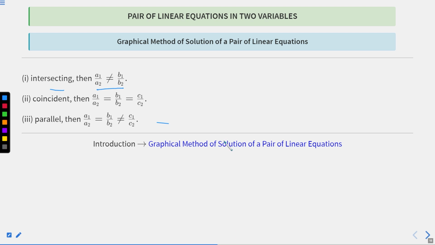If the pair of lines are coincident, then a1 by a2 is equal to b1 by b2, which is equal to c1 by c2. And if they are parallel, then a1 by a2 is equal to b1 by b2 but does not equal c1 by c2.